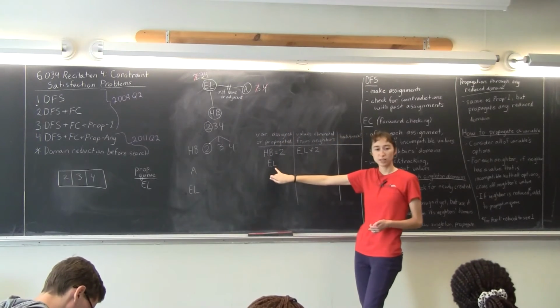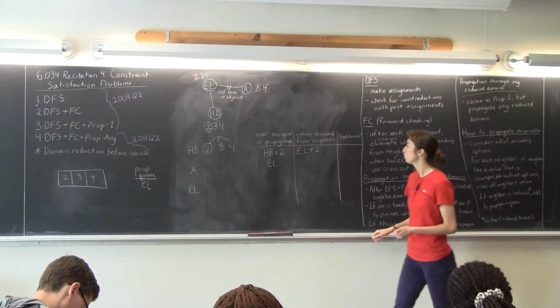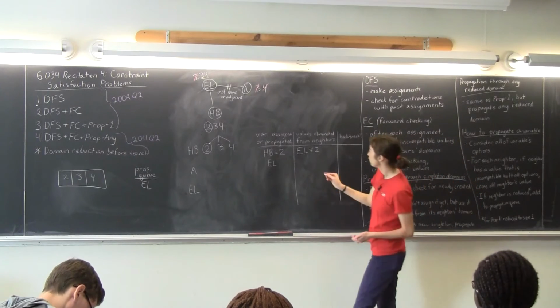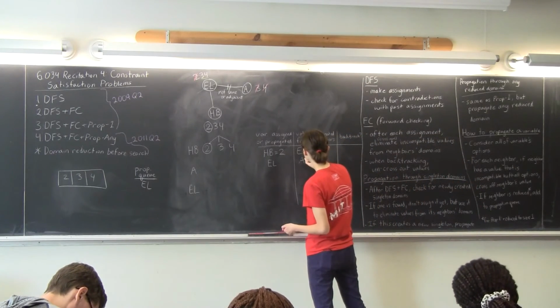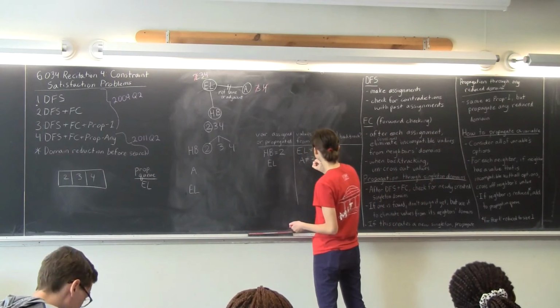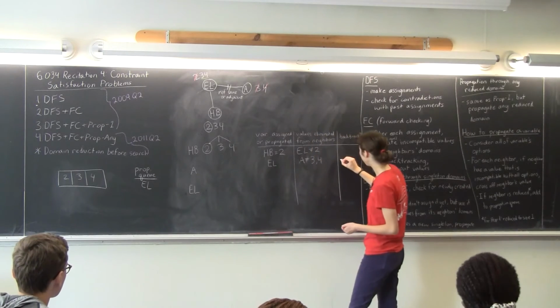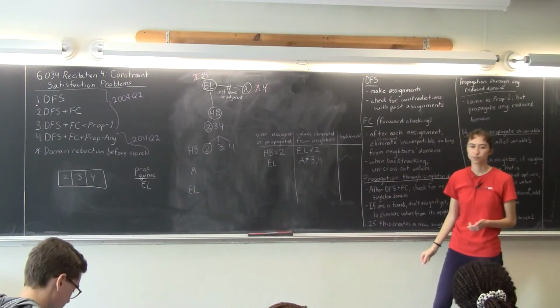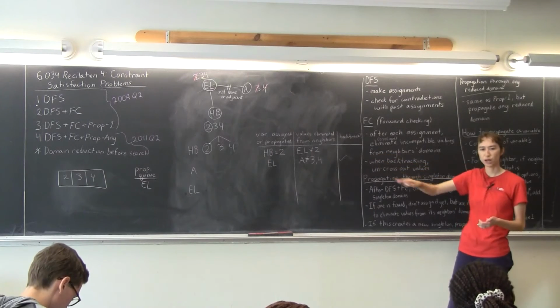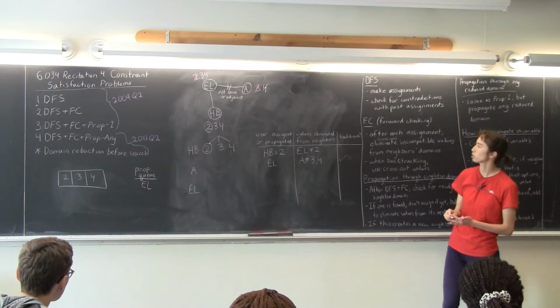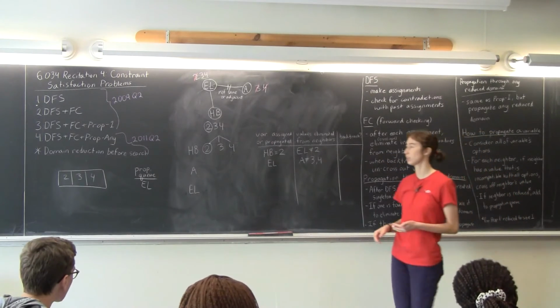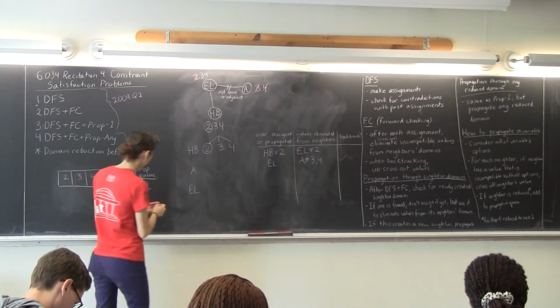The evil lion wasn't actually being assigned, so I'm just writing the variable there. And that caused us to eliminate 3 and 4 from the antelope. And then we had to backtrack. This way we can keep track of what we're doing as we go along so it doesn't get too confusing with the crossing things out and uncrossing things out.